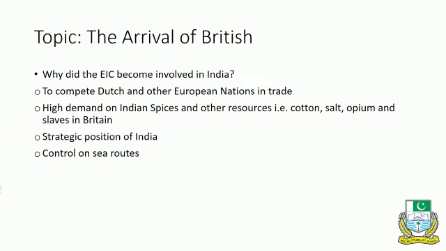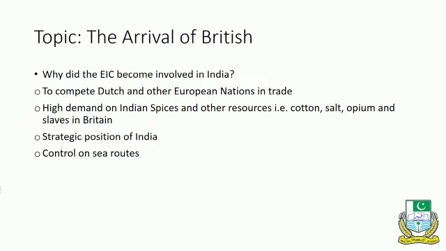Because of the climatic conditions, cotton could not be grown in Britain. So cotton yarn and cotton cloth were highly in demand. Salt was used to make gunpowder and indigo was used to make dyes.